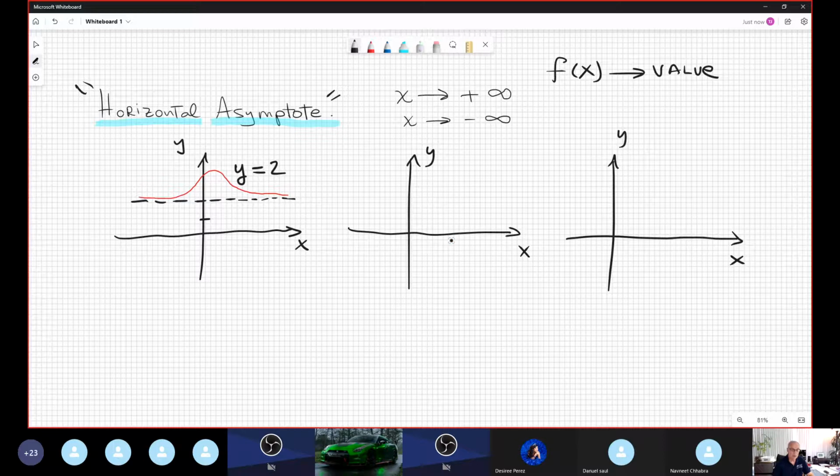Another scenario, we have another horizontal line that represents the horizontal asymptote, and our graph looks like that. The reason it's like that is because maybe we have here a vertical asymptote. But the most important is that the curve, which I put in red color, approaches the horizontal asymptote and frequently doesn't touch.